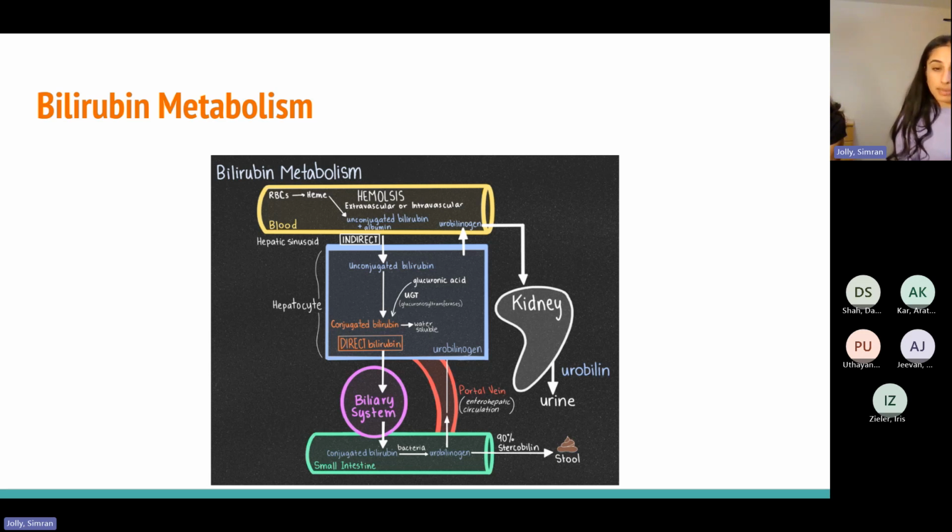The unconjugated bilirubin will be taken by hepatocytes and made water soluble by something called UGT. It says on the screen what it actually is, but I'm not going to try and say that. But in this case, it's specific to bilirubin, so it's BUGT. And so it's now water soluble, and so it can be excreted in bile and urine.